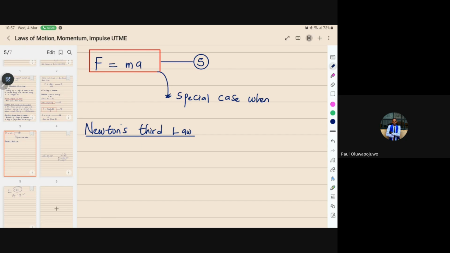Now, this is where I'm going to give some examples that play out in your exam so much. For every action, there is an equal and opposite reaction.